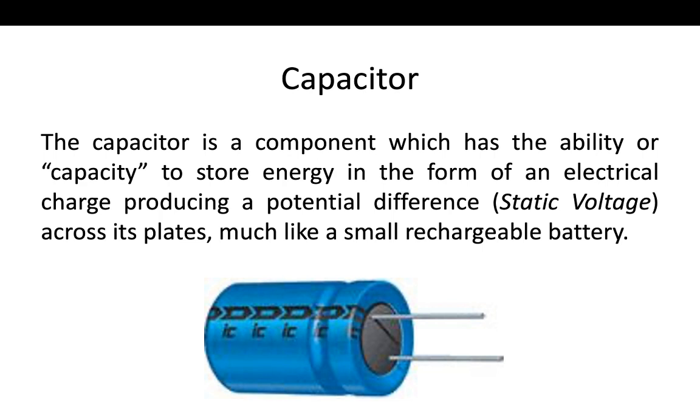A capacitor is a component which has the ability or capacity to store energy in the form of electrical charge, producing a potential difference across its plates, much like a small rechargeable battery. So in simple words, a capacitor is a type of small rechargeable battery. What it means is that it can store energy in it.